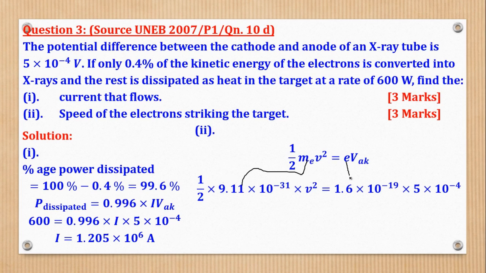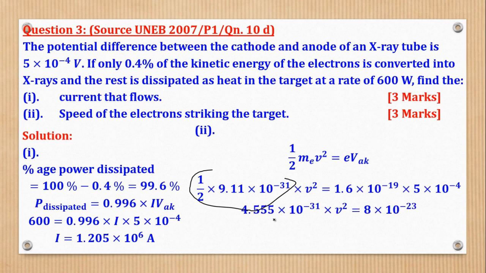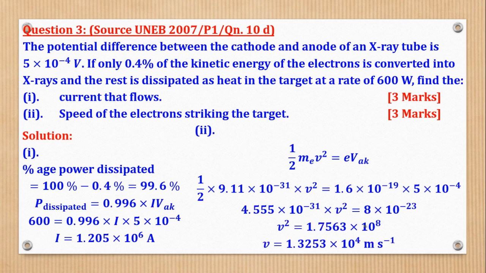Then this is also the electronic charge, a constant, and this is the accelerating PD. So now we have only v as the only unknown. So we shall look for ways of making it the subject. Simplifying this gives you this, and simplifying the right hand side gives you that. Then make v squared the subject and put a square root on both sides, and that will be the answer they wanted.